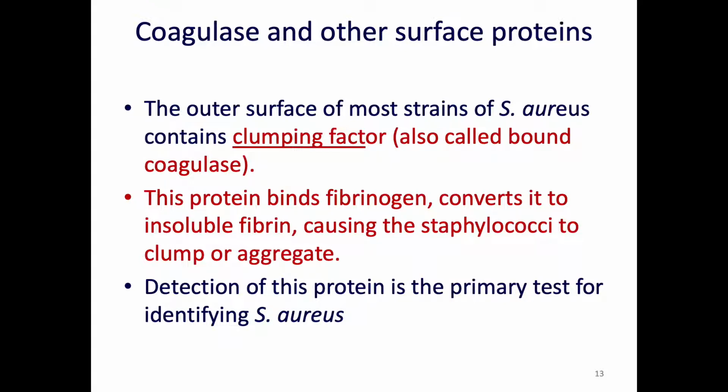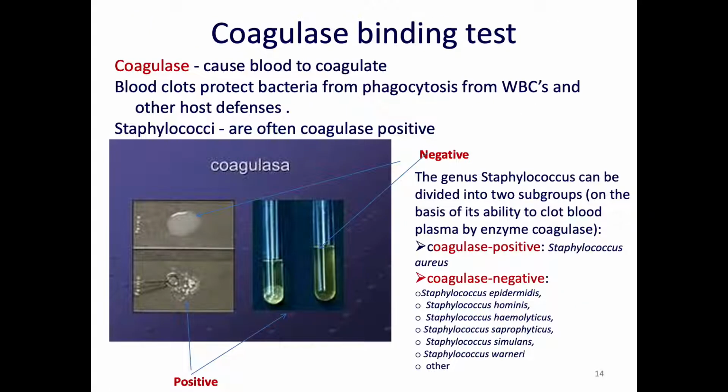Detection of this protein is the primary test for identification of Staphylococcus aureus, as well as identification of A protein. I think that you have seen this already. This is one of the tests for identification of Staphylococcus aureus. It is a coagulase binding test.